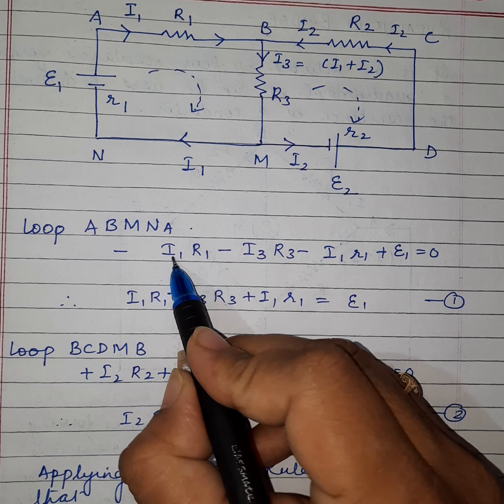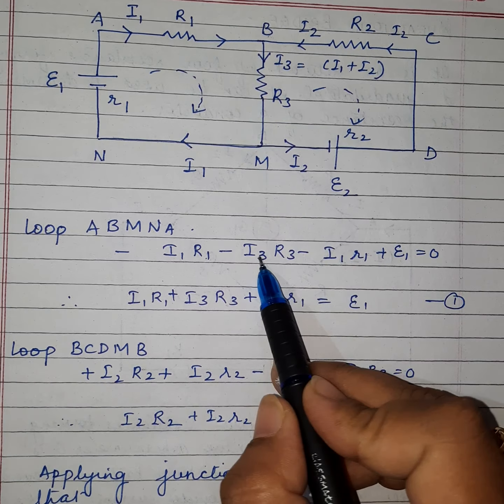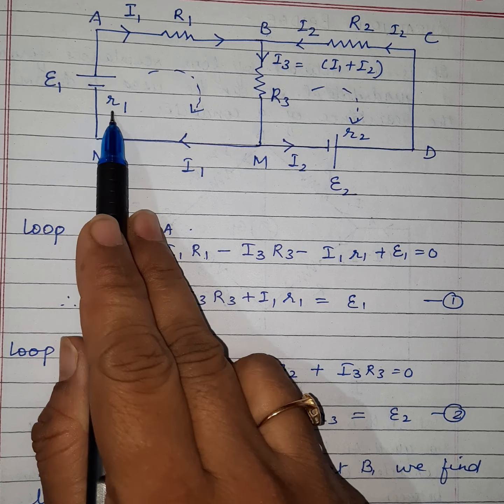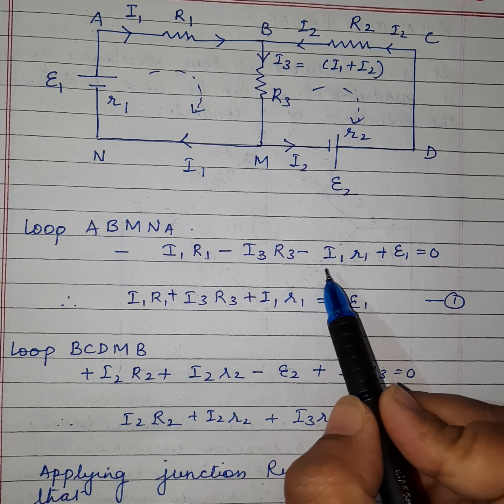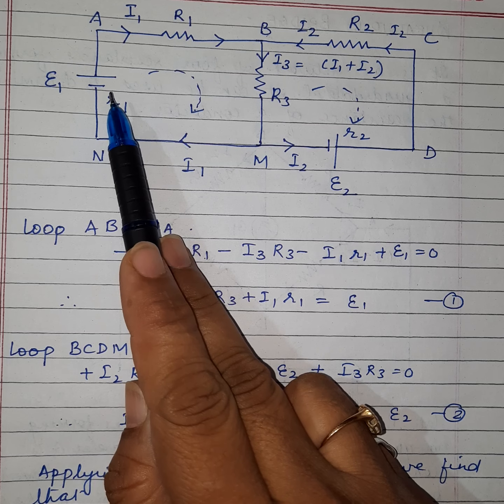So minus I1 R1, and this is R3, so minus I3 R3. Here r1 is the internal resistance of this cell, so minus I1 r1.